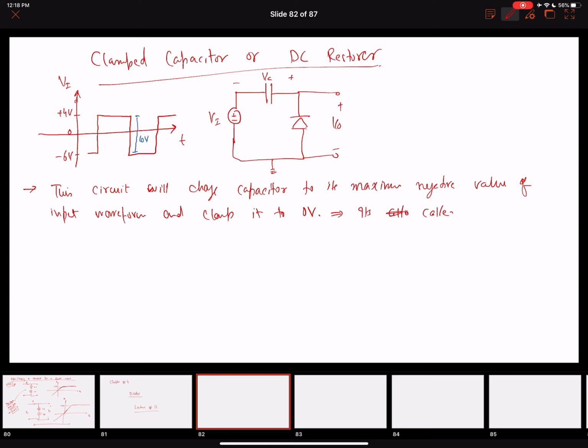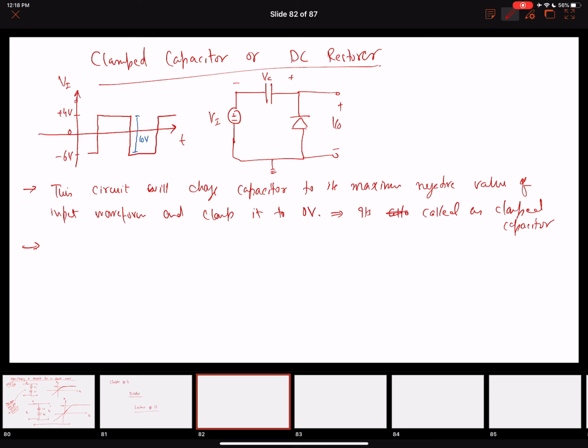It is going to clamp or shift this waveform.